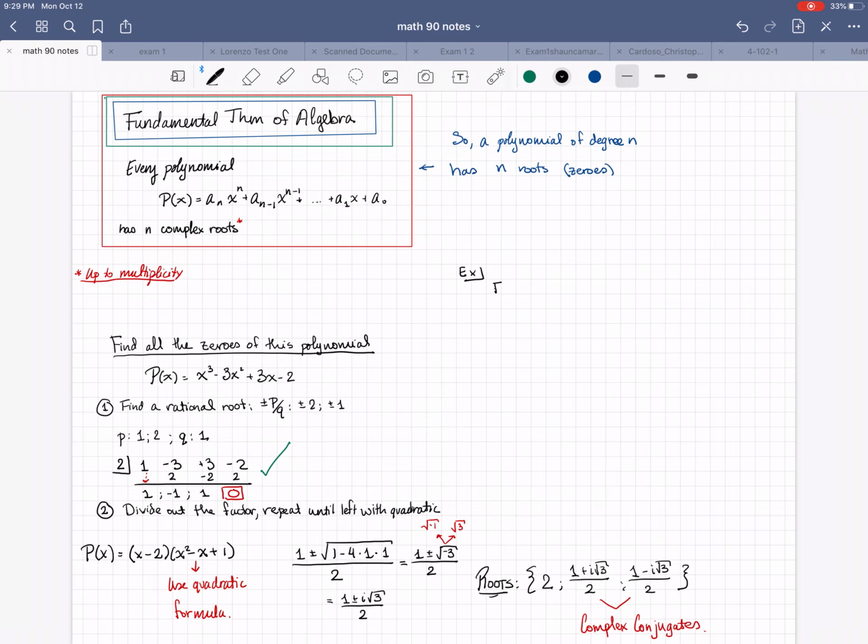So find the polynomial of degree 3 that has a root of 0, has a root of 1 plus i, and has leading coefficient 5.